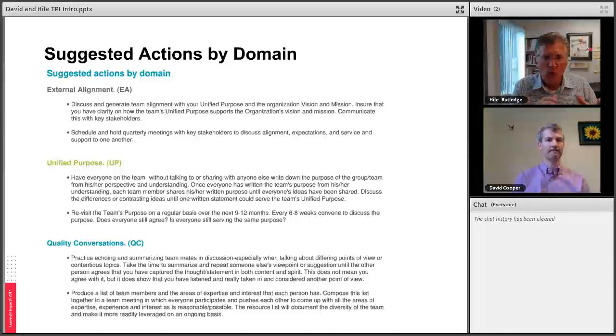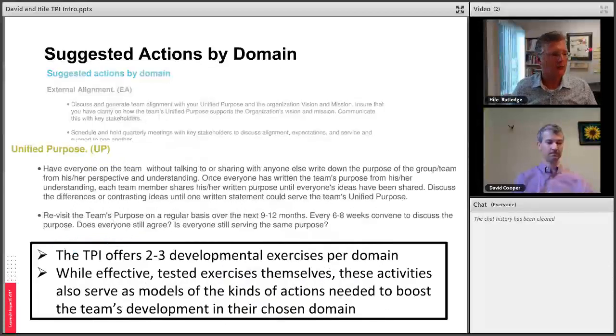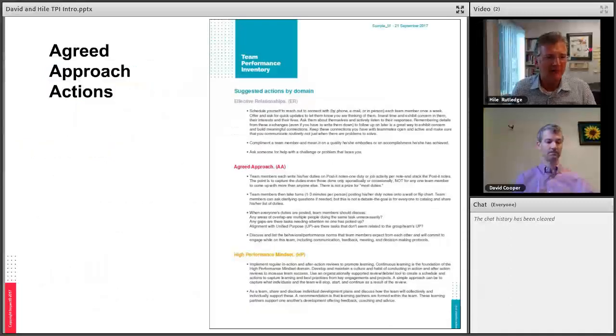Well, the report itself actually has some suggested action by domain. And so here are a couple of external alignment things, a couple of unified purpose ideas. And so we give you 2 or 3 developmental exercises or actions, activities that you can do for any given domain.